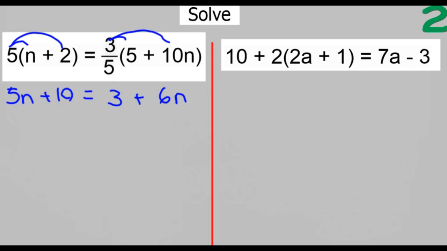Okay, now I'm looking to see if I can combine, and I can't. So now I'm going to get my variables to one side. Let's make this my variable side and this my constant side. So I'm going to subtract 6n to get my variables on one side.